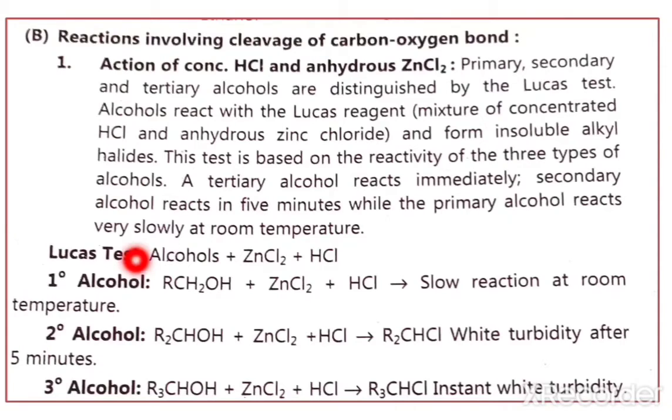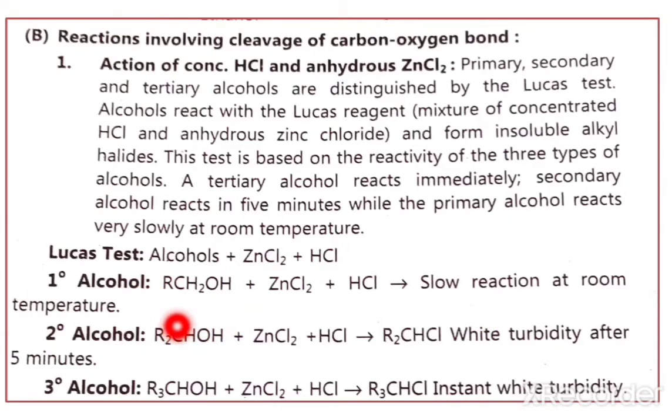The Lucas test is alcohol plus ZnCl2 plus HCl. For primary alcohol, this is alcohol plus ZnCl2 plus HCl, a slow reaction at room temperature, so definitely it is the primary alcohol.